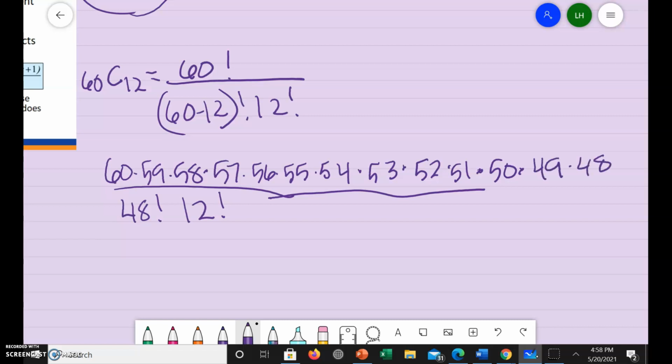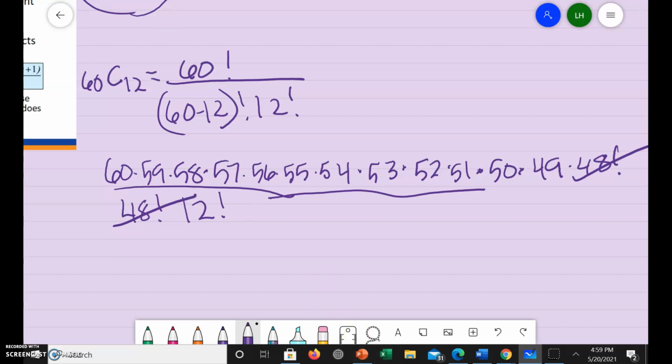This is a lot of numbers, but still it's not as bad as it looks. 12 factorial, what you can do is you can put 12 factorial in your calculator, or you can use Excel. So I'm going to pause it and show you how.